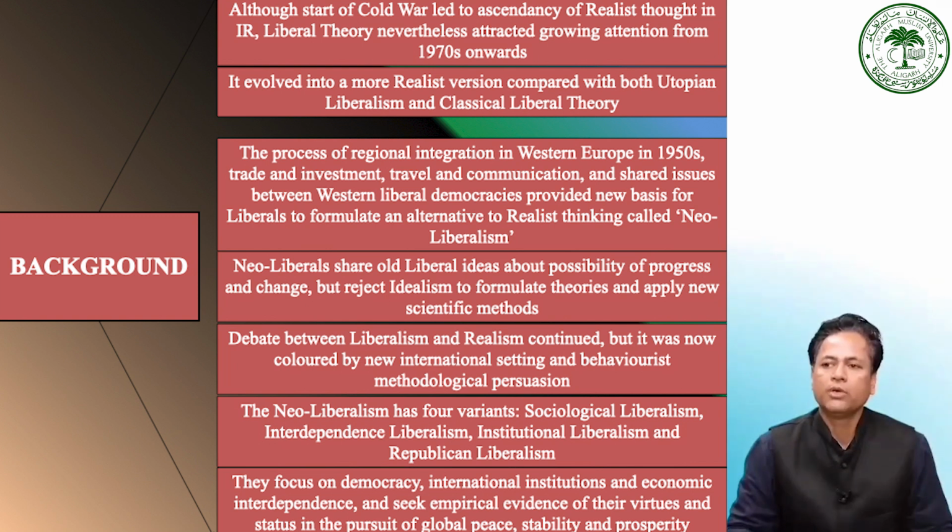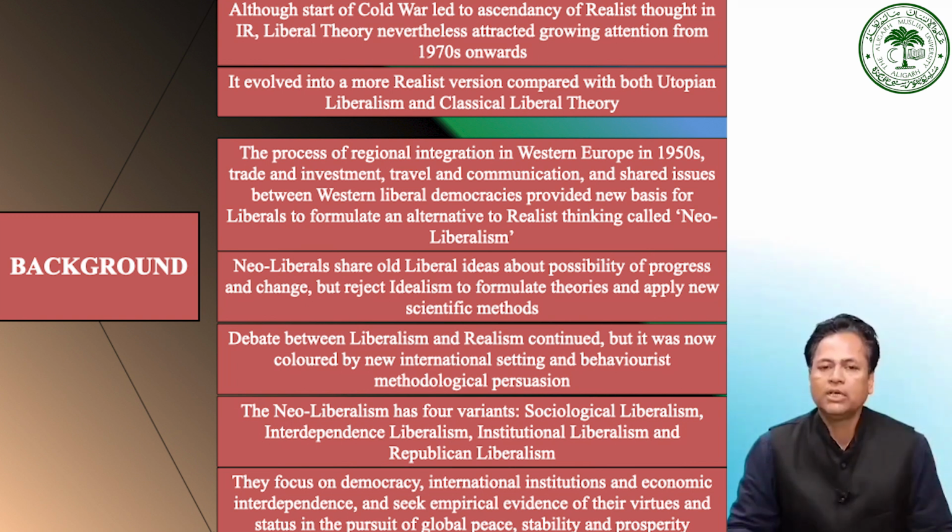Although some attempts were made to reformulate it in a different way, the beginning of the Cold War and the ideological rivalry between the two superpowers made realist theory more popular among IR scholars and students. So, it evolved in a more realist version compared with both utopian liberalism, the inter-war period liberalism, and the classical liberal theory of the post Second World War period.